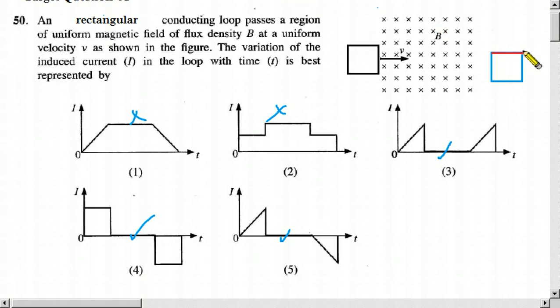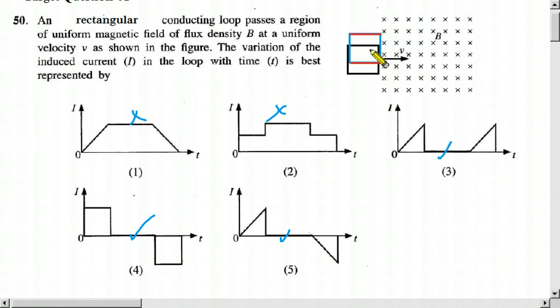So these horizontal lines don't make any current because they are creeping through these magnetic lines. They don't cut the magnetic lines. To cut the magnetic lines, the motion should be this way, then they make current.